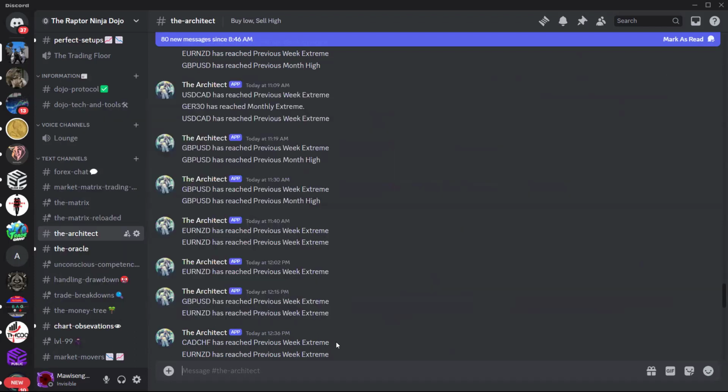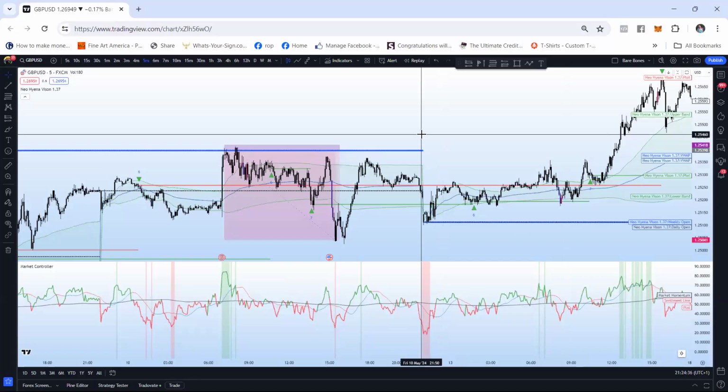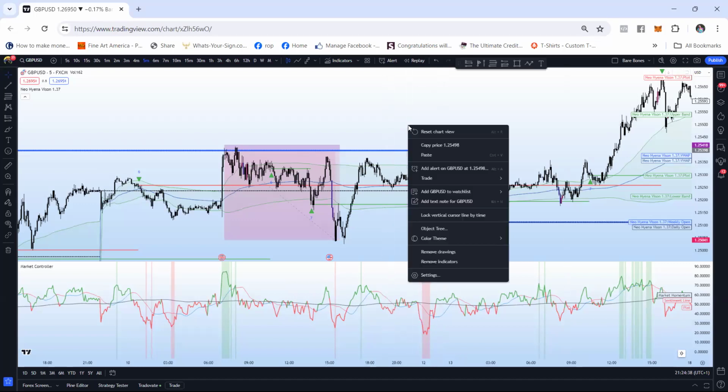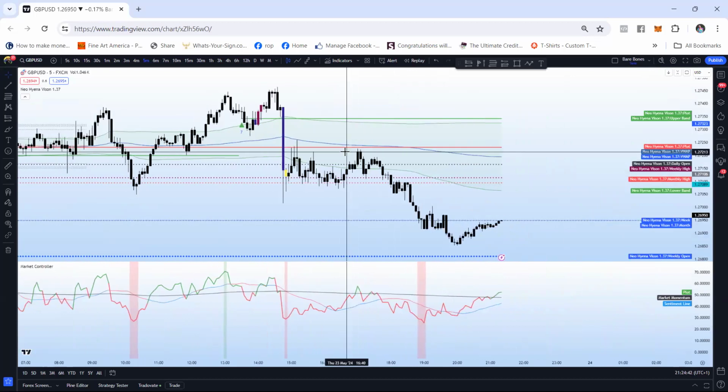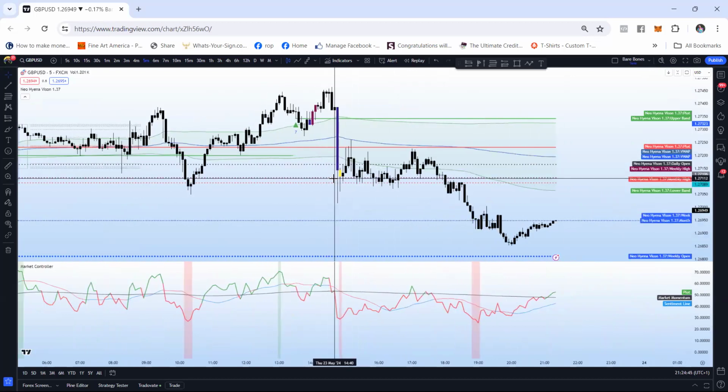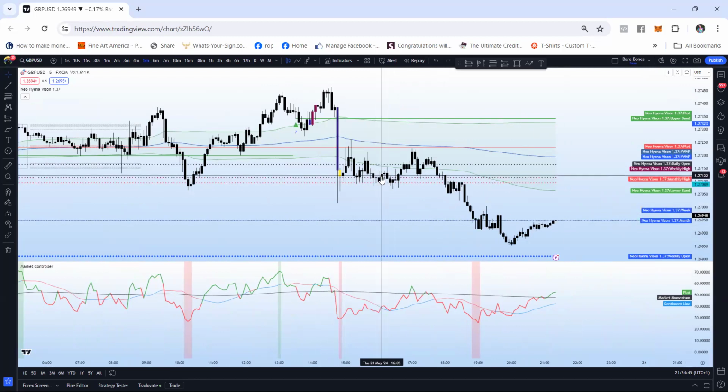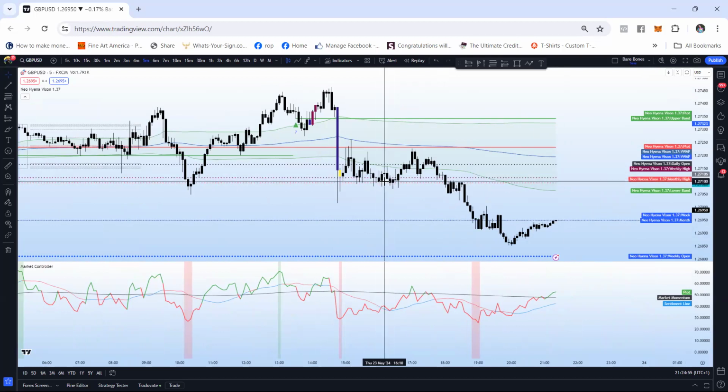Okay, give me 1 second. Let me reshare my screen. And we're on GBP USD right now. So, reset chart view. Okay, so at 11:19, this was the monthly extreme and the weekly extreme here. And it was letting us know at 11:19 that price was inside that level, was at those levels.